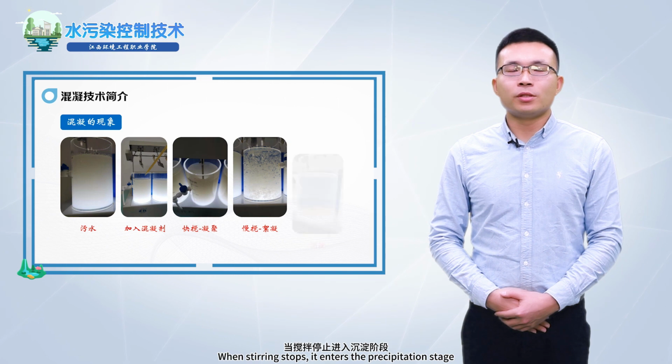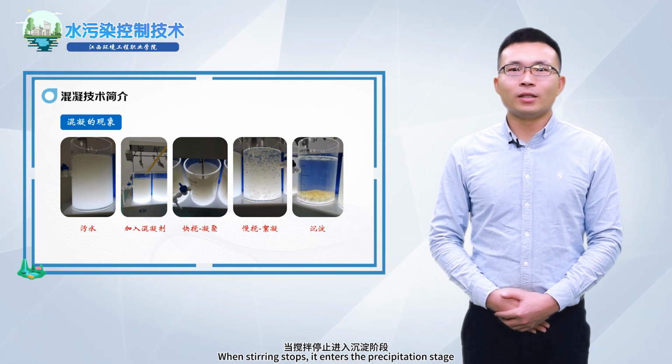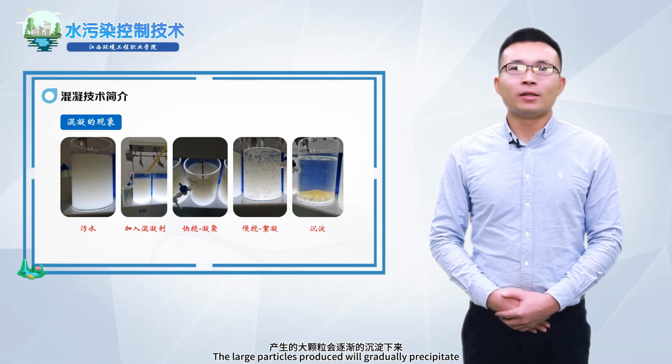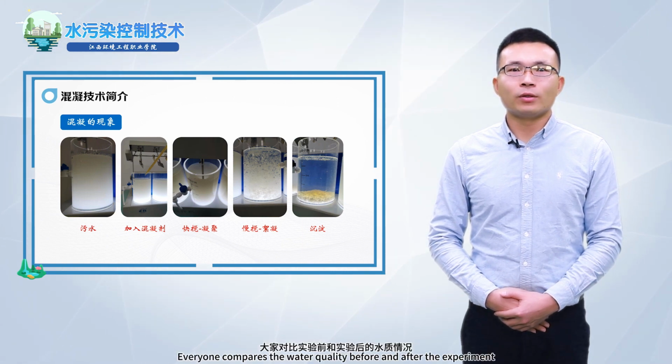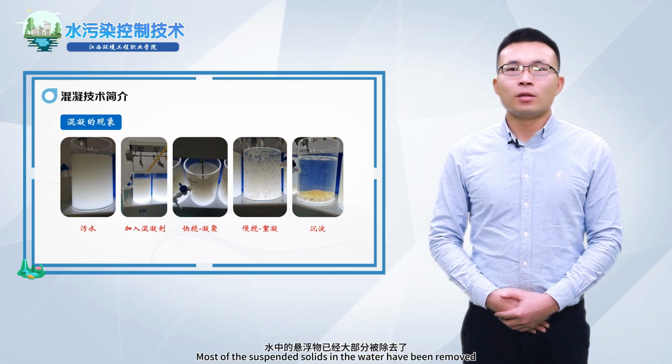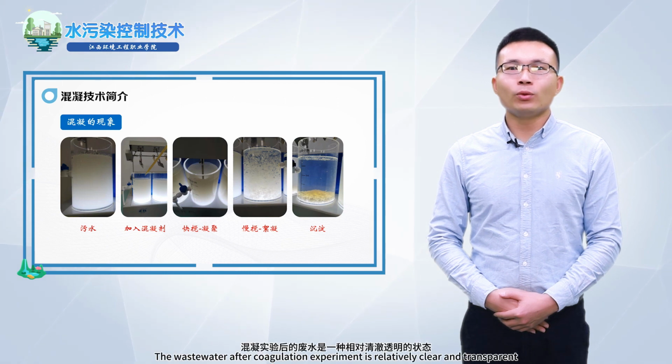When stirring stops, it enters the precipitation stage. The large particles produced will gradually precipitate. Compare the water quality before and after the experiment. It can be found that most of the suspended solids in the water have been removed. The wastewater after the coagulation experiment is relatively clear and transparent.